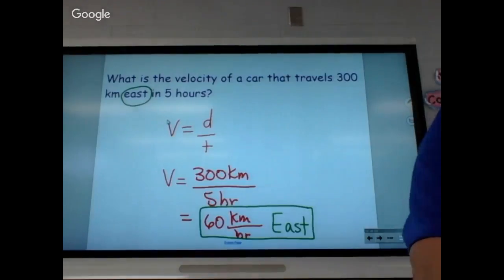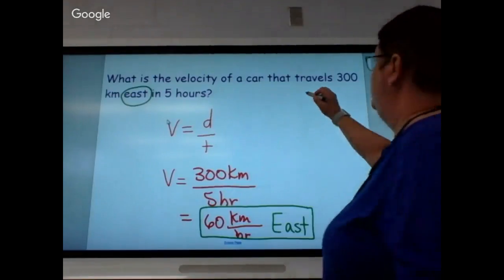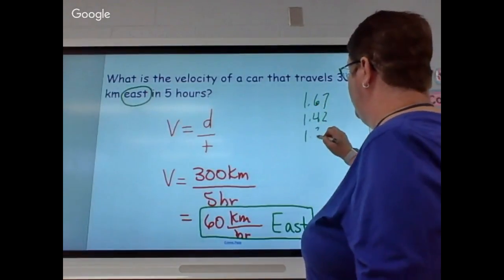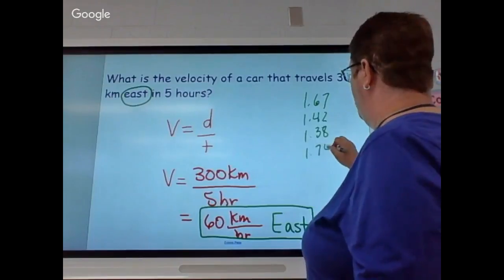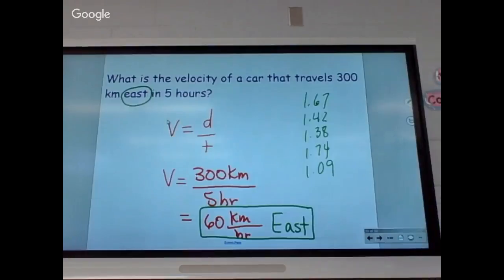So I know there's a couple of you who are struggling with that. So, just to make sure everybody's on the same page, if you have a number like 1.67, 1.42, 1.38, 1.74, and 1.09, what do you do with those to find an average?